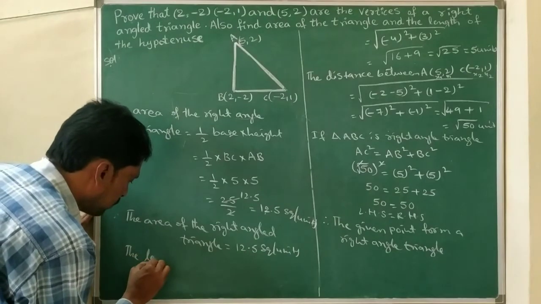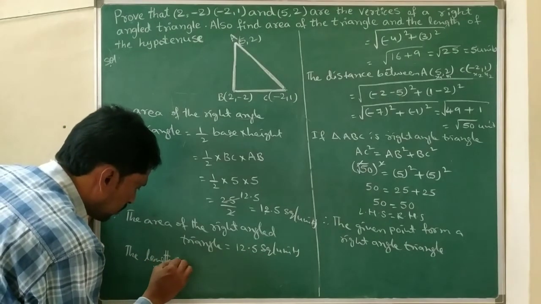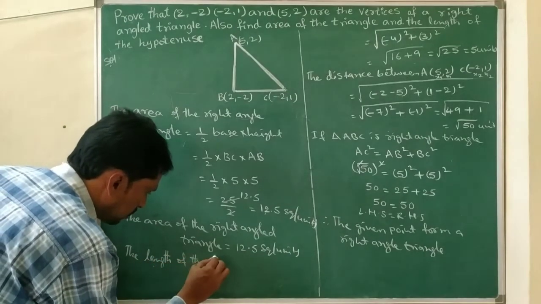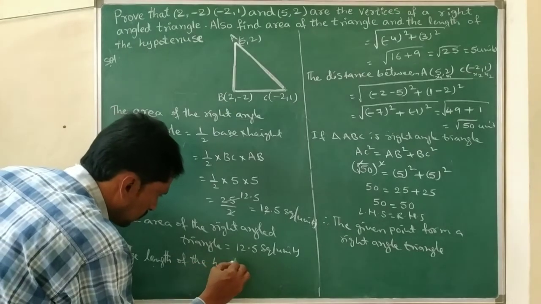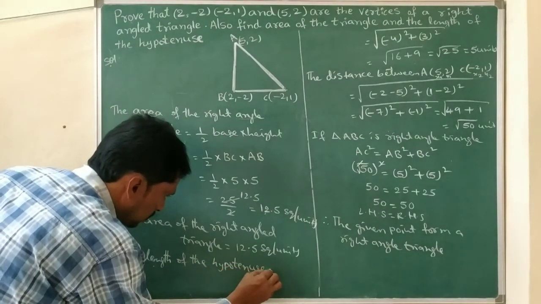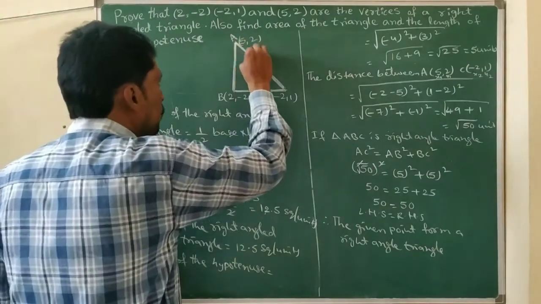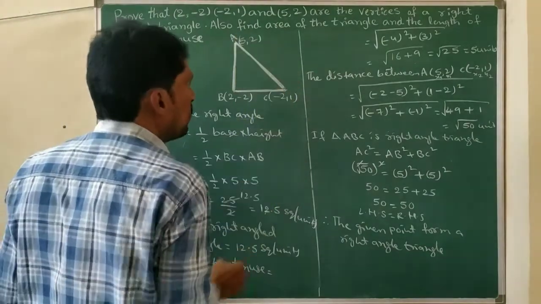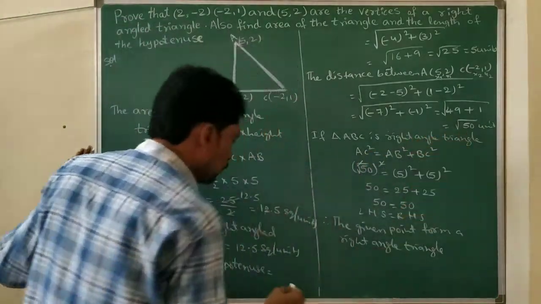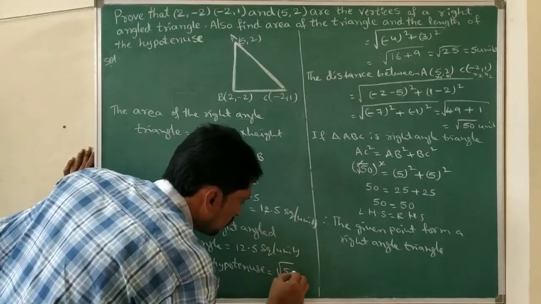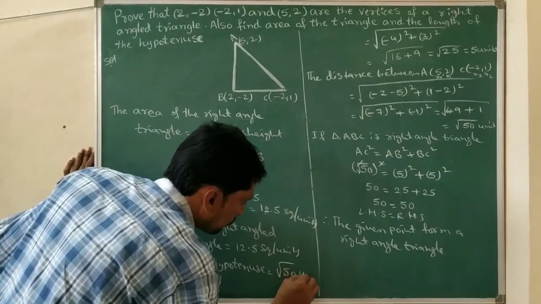The length of the hypotenuse equals the distance between AC, which is root 50 units.